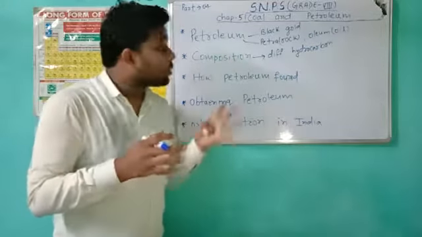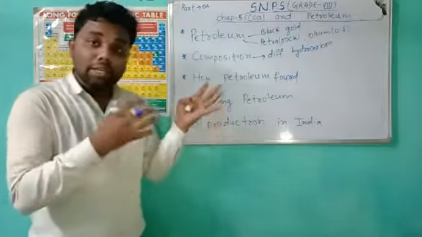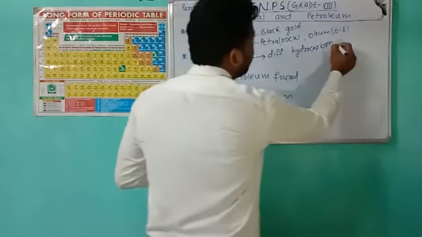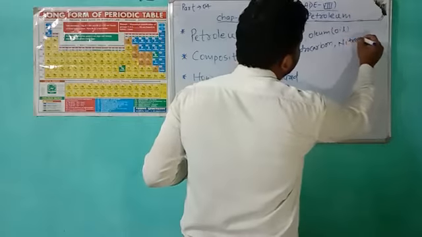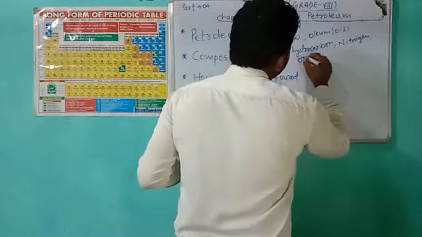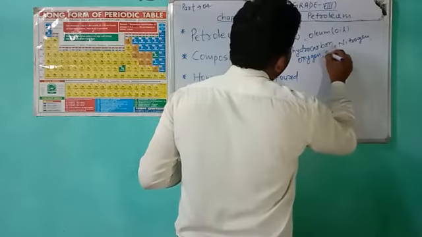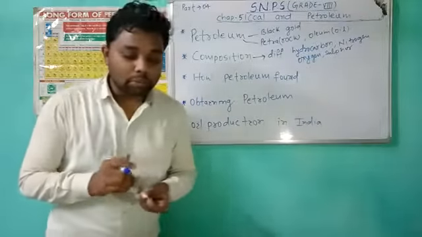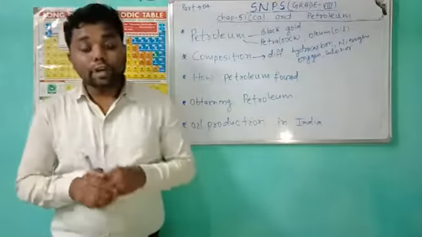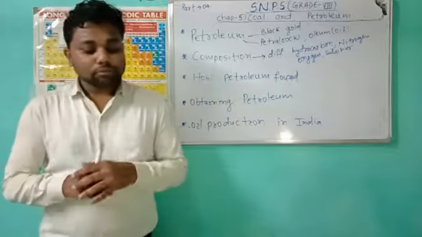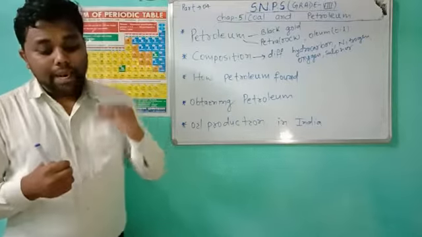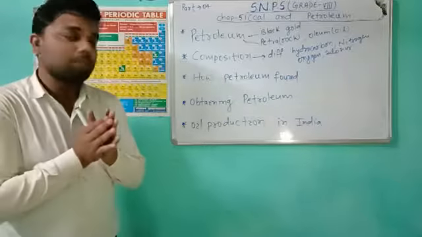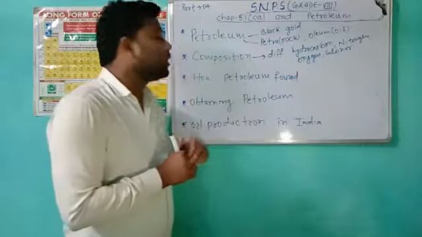Nitrogen is also present in petroleum. The next, oxygen and sulfur. These are the composition of petroleum: a large number of different hydrocarbons and certain organic compounds, and it contains nitrogen, oxygen, and sulfur also. So this is petroleum and its composition.